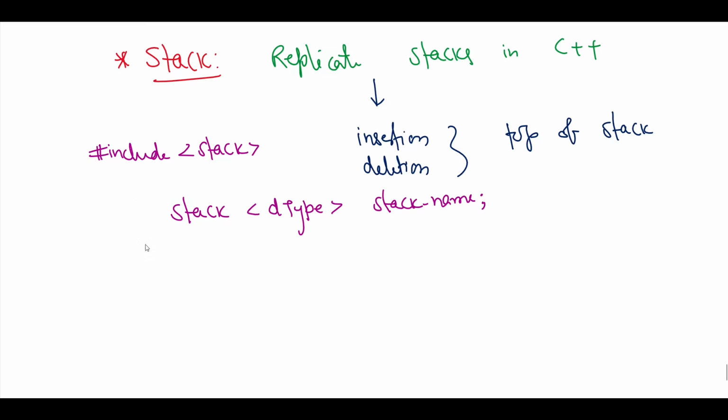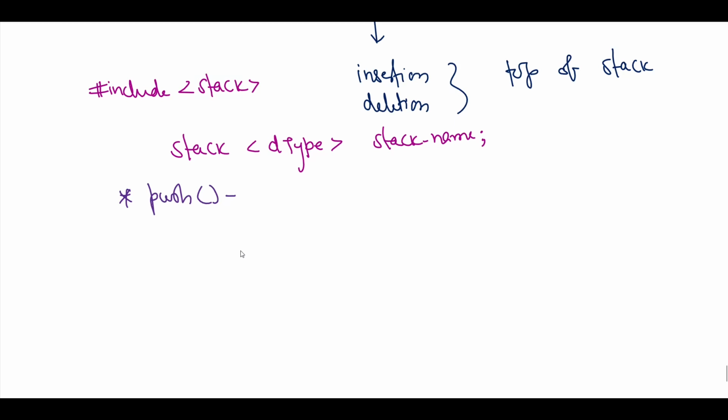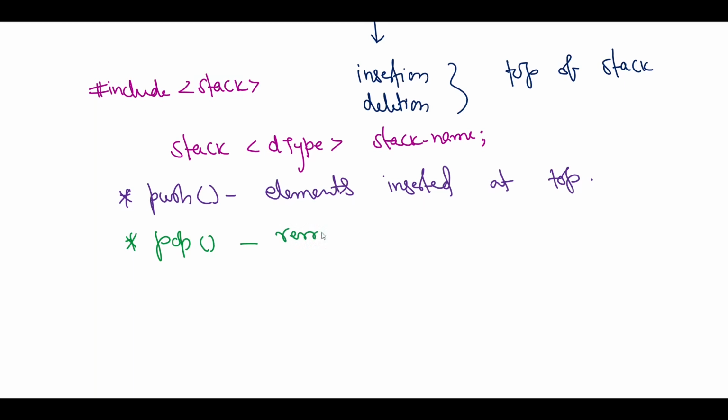Now we have some functions in the stack that we are already familiar with. One is push. The push function inserts an element in the stack, and the element is inserted at the top of the stack. Another function that we have in stack is the pop function, and it will remove an element from the top of the stack.